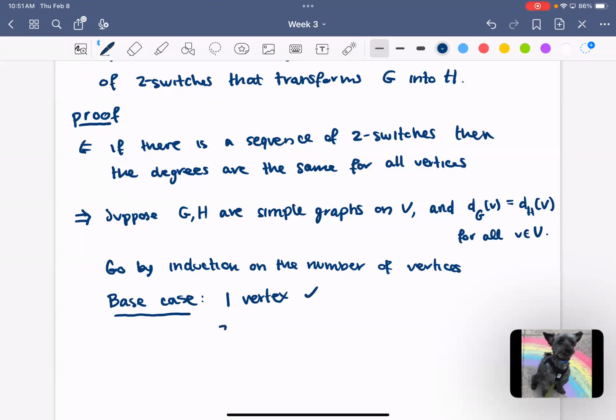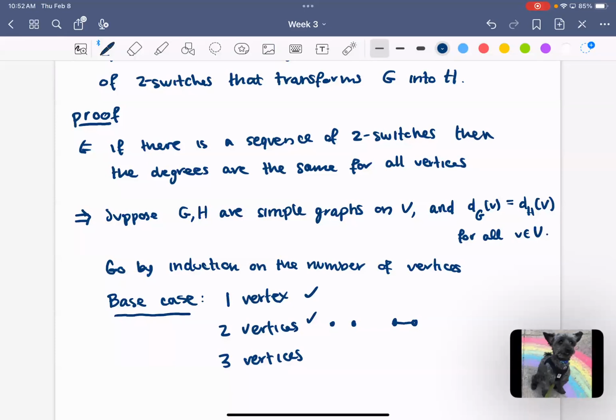So if it's one vertex, it's good. We also need to look at 2 vertices and 3 vertices. So we kind of already went through what the possibilities were, but when there's 2 vertices, there's only 2 graphs. You just have these 2 options. And so if G and H have the same degree sequence, then they're also the same graph. So this case is also good.